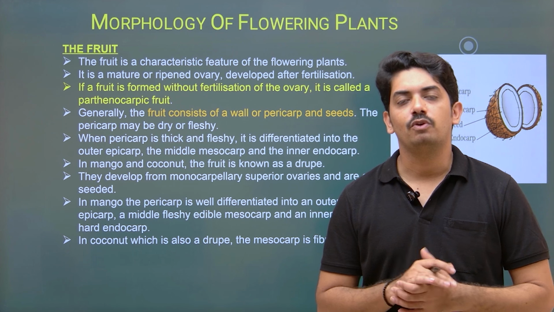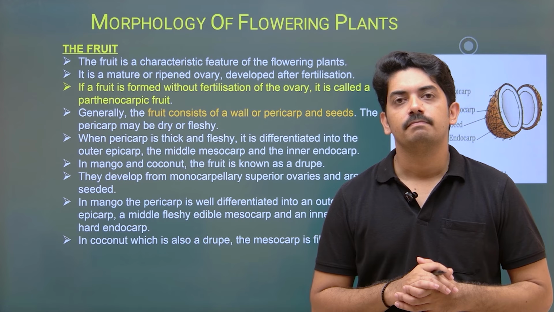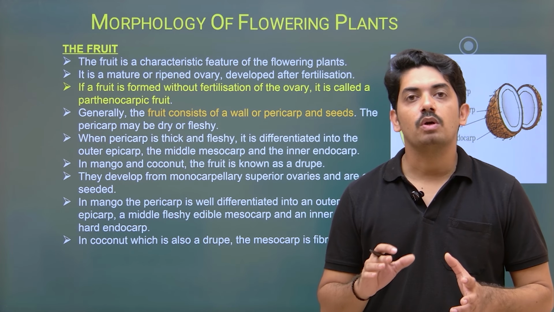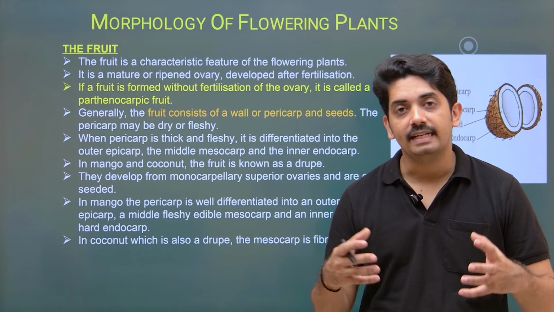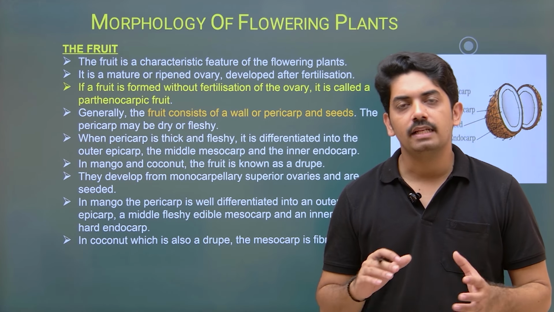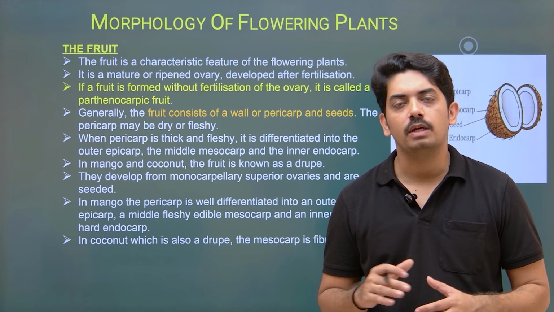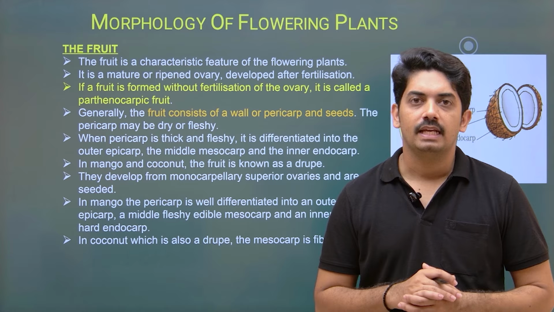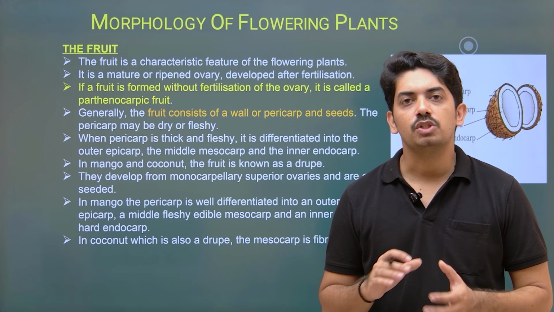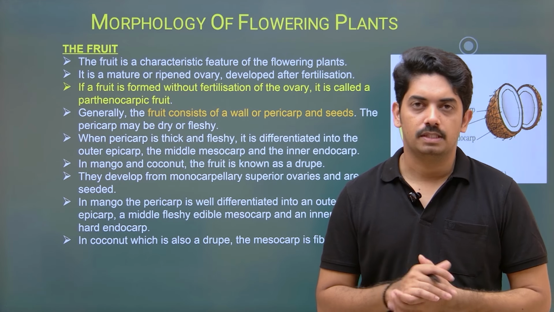In some fruits like mango, mesocarp is fleshy and it is edible. And in some fruits like coconut, endocarp is edible and mesocarp is fibrous.